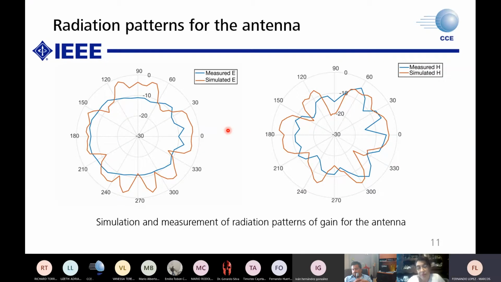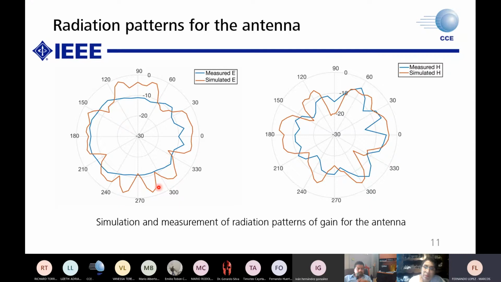The radiation pattern measurements were taken in a Faraday chamber. We make a link budget with an antenna whose gain is known. So we transmit a signal at the peak frequency of 3.95 gigahertz, and with a spectrum analyzer, we take the power received with this antenna.